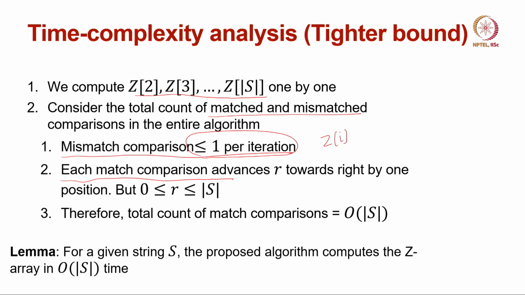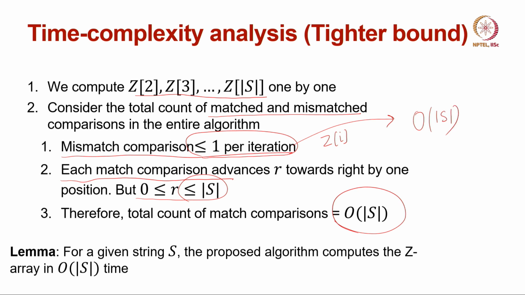So, whenever we are having match comparisons, we are advancing the value of R further towards the right, but observe that the value of R can never exceed the size of the string S. So, therefore, the total count of match comparisons in the entire algorithm is bounded by order S. Similarly, the number of mismatch comparisons, because they are at most 1 per iteration, in the overall algorithm is bounded by order S.